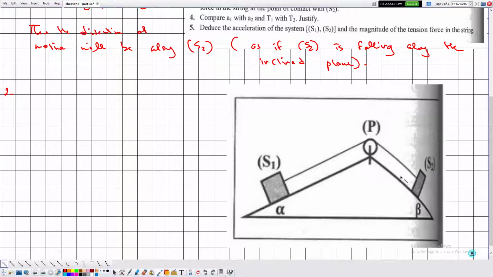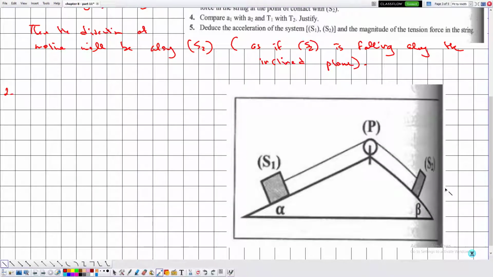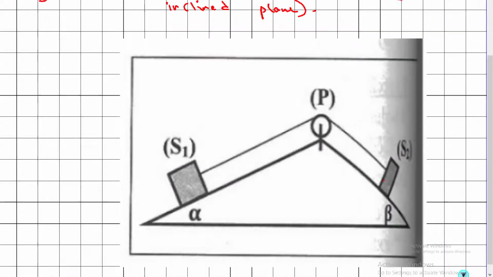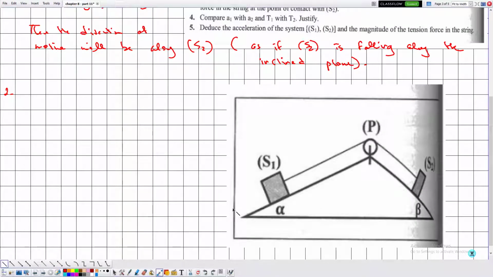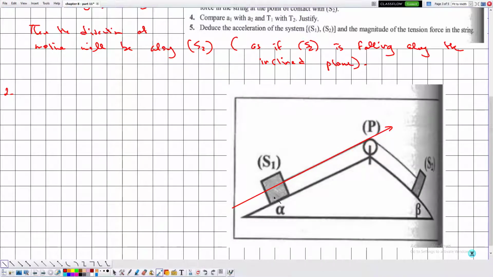First of all, we need to fix the direction of motion of the system. And because we have said that S2 will go downward, it will be moving like this. So this is the positive direction of motion. And now let me represent the forces. Here we have the weight, and here we have the normal.